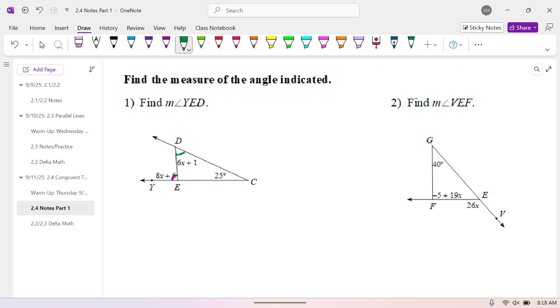If you add them up, they equal the exterior angle. So how would I set up my equation to find x? Set them equal to each other. So we're going to add the 25 to 6x plus 1 and set it equal to 8x plus 6.